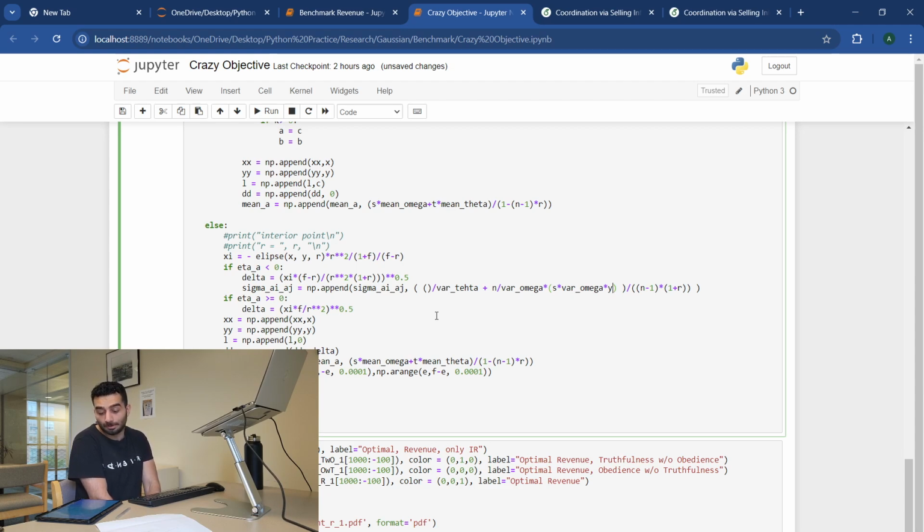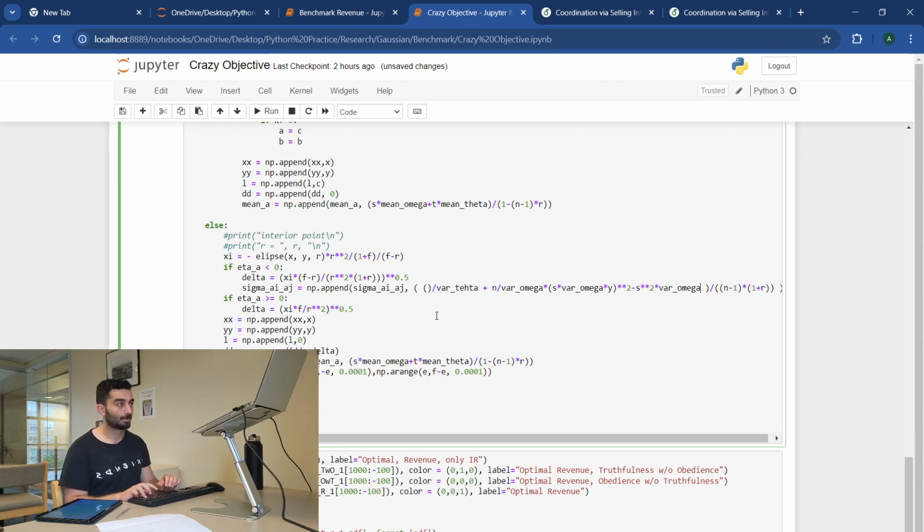It's sigma a omega, not S. This is squared and minus S squared var omega times y, but I have to find some room.